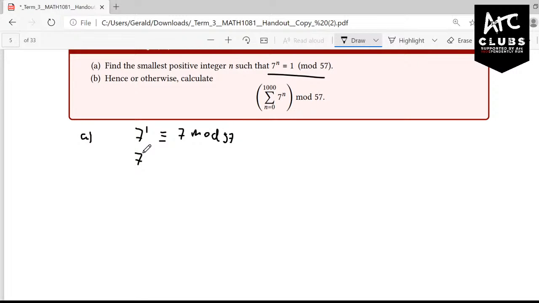If you take 7 squared, you just multiply this result by 7 and you get 49 mod 57. And when you do it again, you'll end up with 1 mod 57. Cool. So your answer here would be 3.